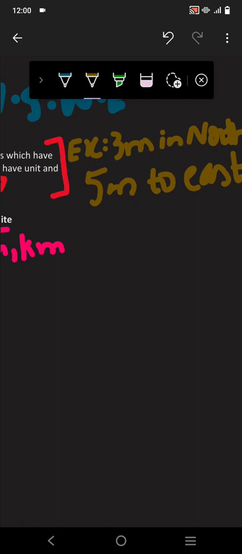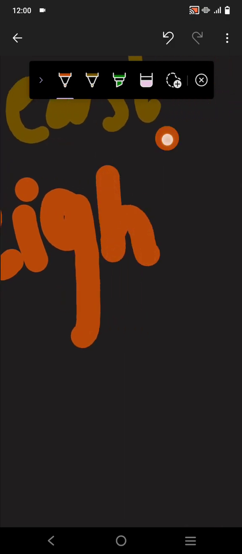And if we look at the physical quantities that are vectors, it can be weight. Weight is a vector quantity. Why? Because weight has a direction. You might be thinking, what kind of direction does weight possess?